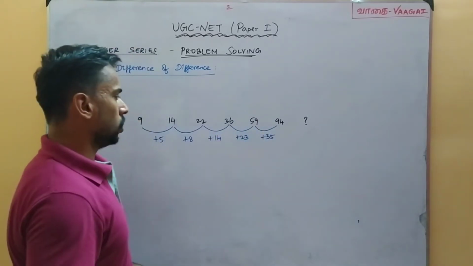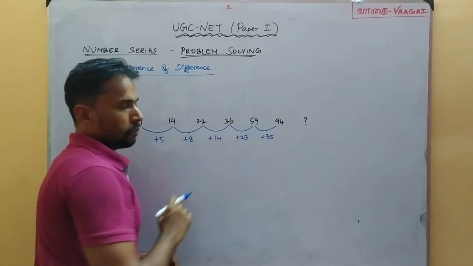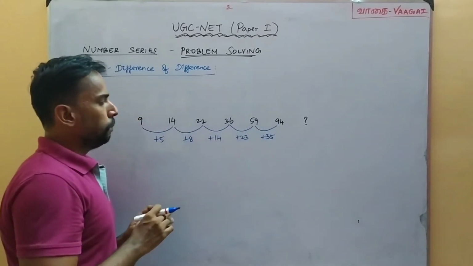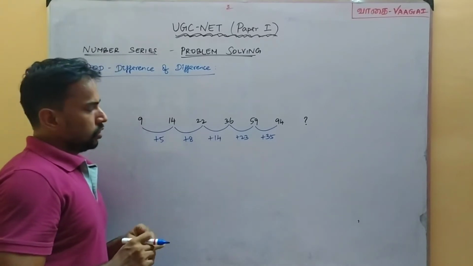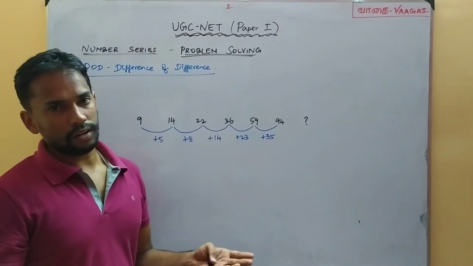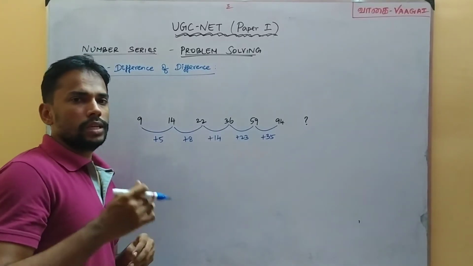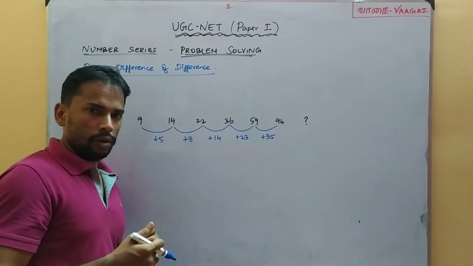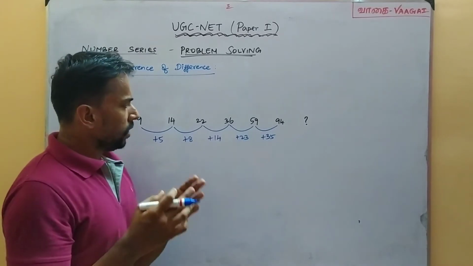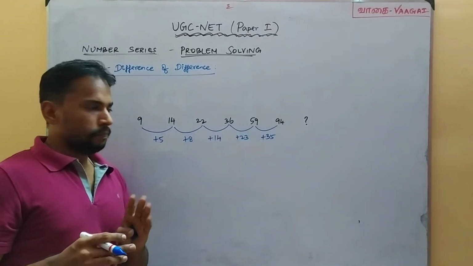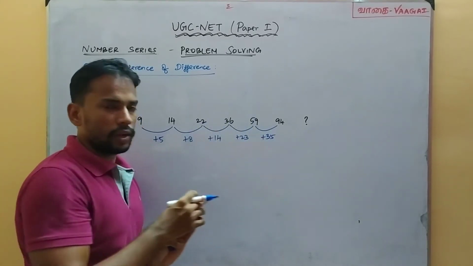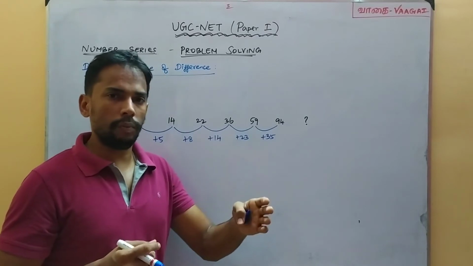Very simple. So now we have done the addition process, and we will see whether we are able to observe any pattern with these numbers. By looking at it, we are not able to get a definite pattern here. So this is the situation for us to think about DOD, difference of difference. You may have a doubt. Usually we try with our addition, and if we are not able to get a pattern with addition, we move on to the next operation, that is multiplication.